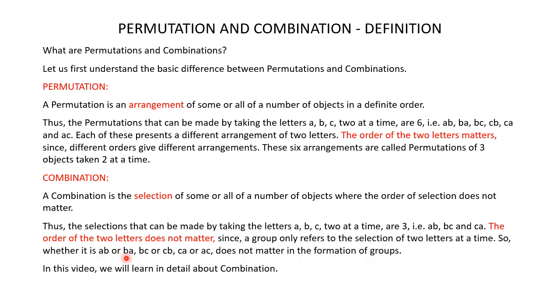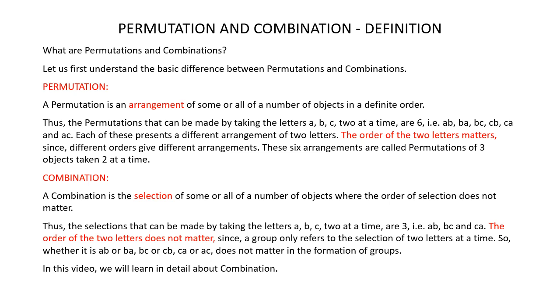So AB and BA are the same since you are selecting the same two letters A and B. Similarly, BC and CB are the same because you are selecting the same two letters B and C. Likewise, CA and AC are the same since you are selecting the same two letters C and A. So, in a combination, the order of the two letters does not matter. So, combination is selection where the order of the objects does not matter.